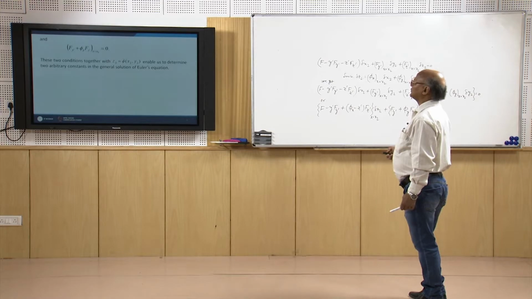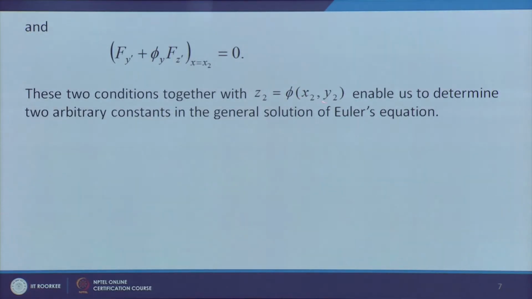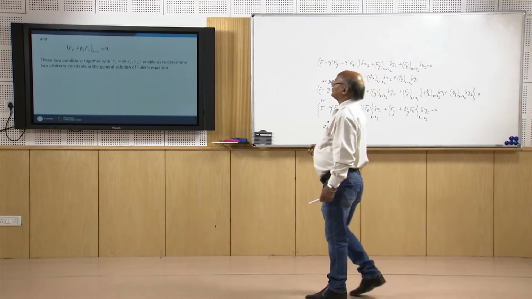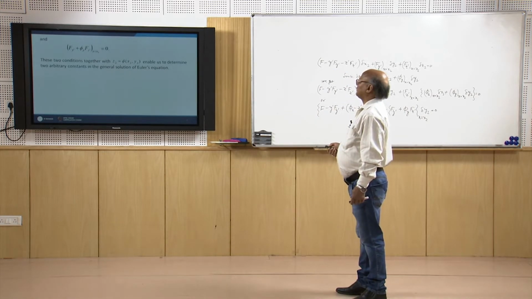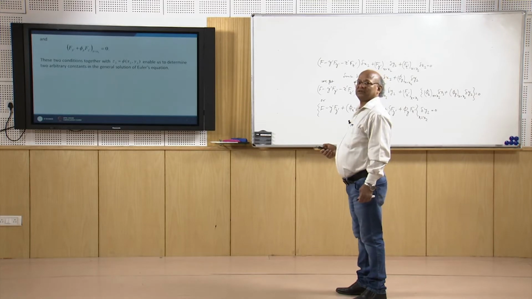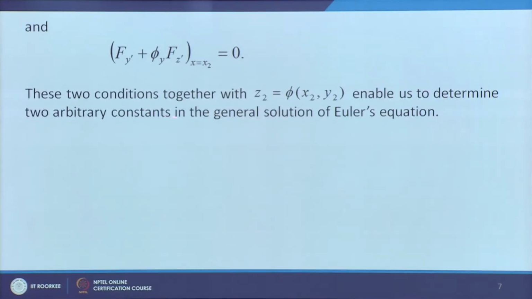So, these two equations along with the fact that x2, y2, z2 lies on z equal to phi x y, we get z2 equal to phi x2 y2. So, these equations enable us to get the remaining two arbitrary constants in the general solution of the Euler's equation.